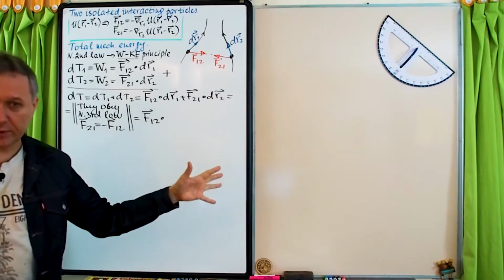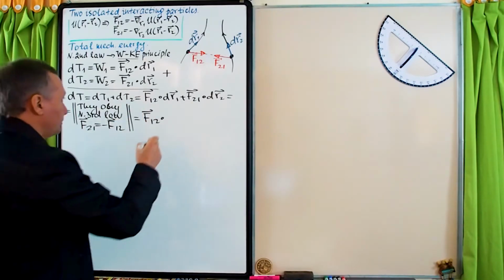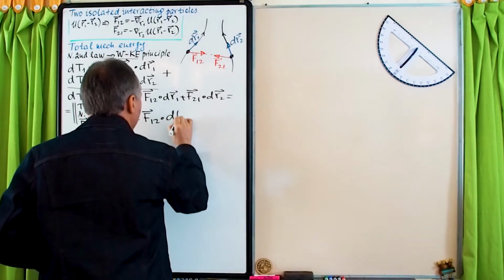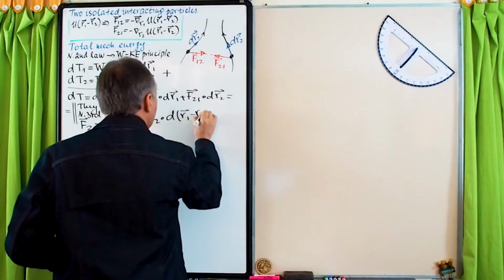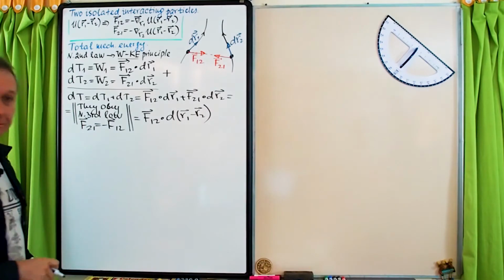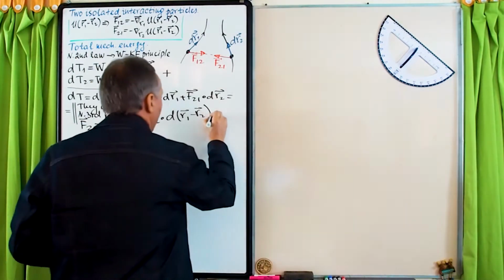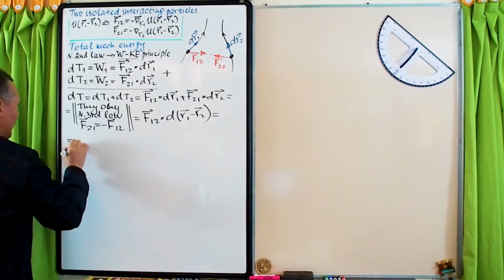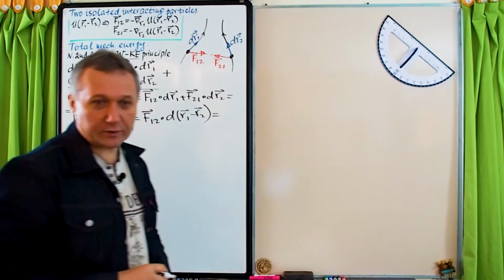It will be the differential d of (r1 minus r2), right? Okay, now it's time for the next assumption, which we assumed at the very beginning.